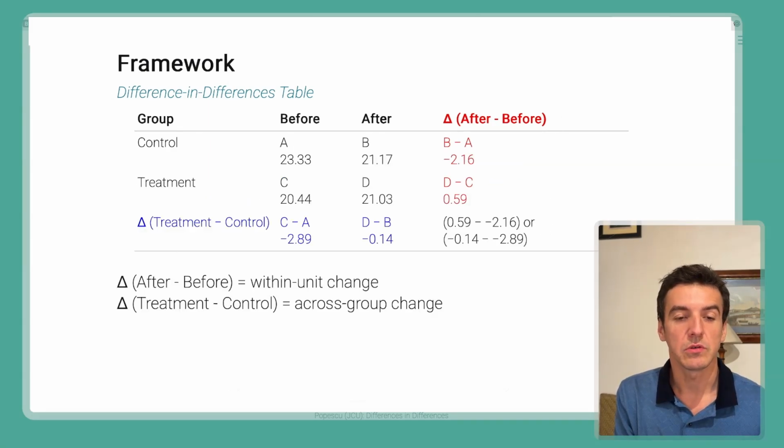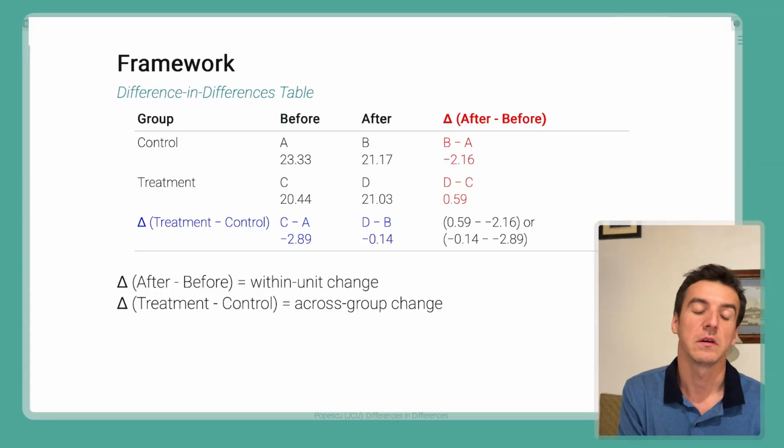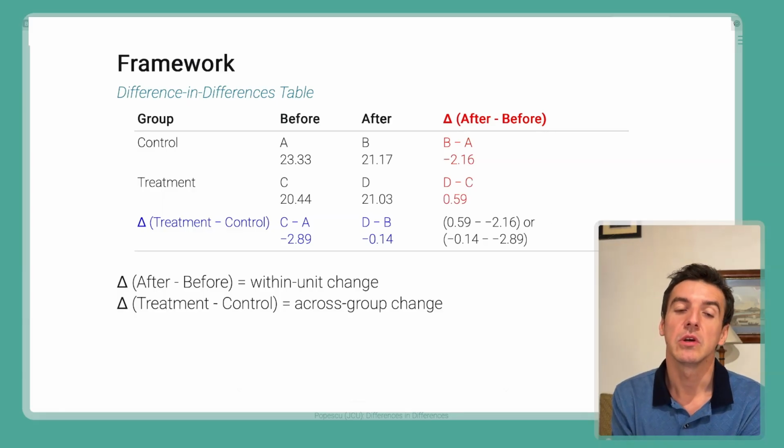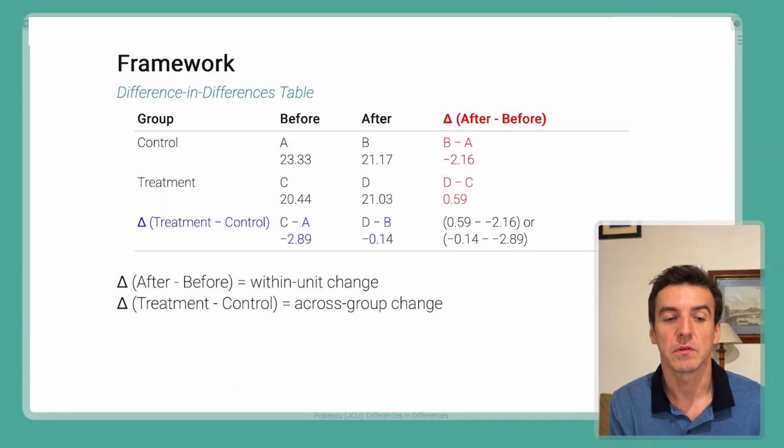So if we apply this to the Card Krueger example, remember that in the control group, we have 23.33 jobs per restaurant before the implementation of the minimum wage law, and we have 21.17 jobs after the implementation of the minimum wage law.